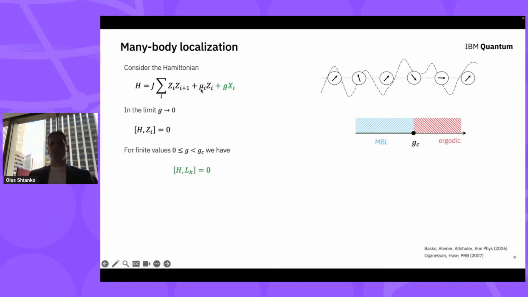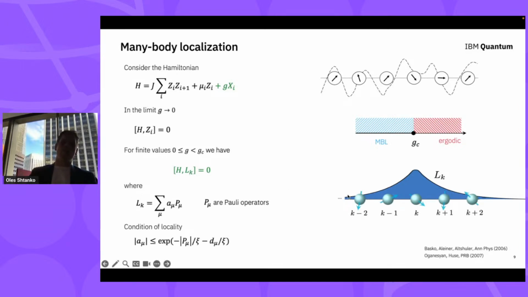Your disorder essentially makes the system evolve very randomly, similar to a random circuit. However, if G is not very large and smaller than a critical value, the situation changes, and your operators do not disappear, but they transform into a new set of local integrals of motion, which have a little more complicated structure, but they do exist.